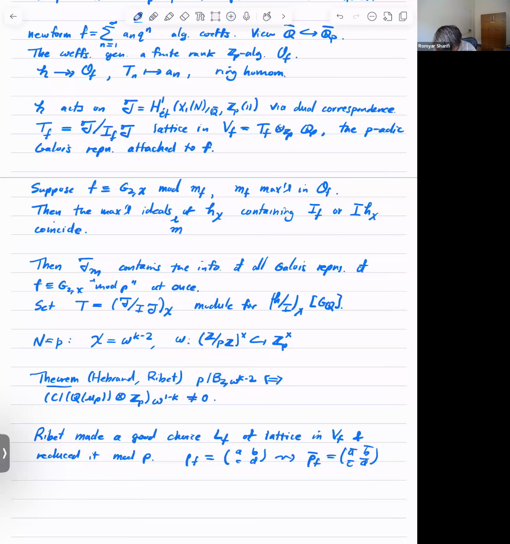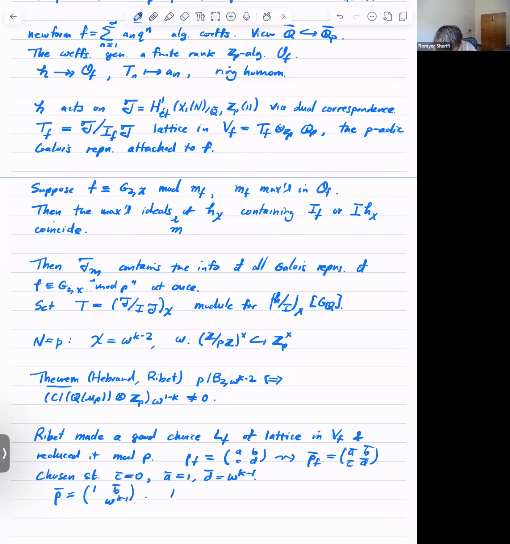The lattice is chosen such that C bar is 0, which forces, I might get this wrong, but let's say A bar is 1 and D bar is omega to the k minus 1. So what he got looks like this: 1, omega to the k minus 1, and B bar.